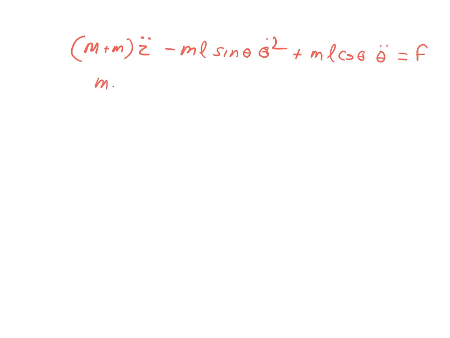So, where are my equations of motion then? Which is this: (M plus m) z double dot minus ml sin theta theta dot squared plus ml cos theta theta double dot equals F, and another equation: ml cos theta z double dot plus ml squared theta double dot minus mgl sin theta equals 0.